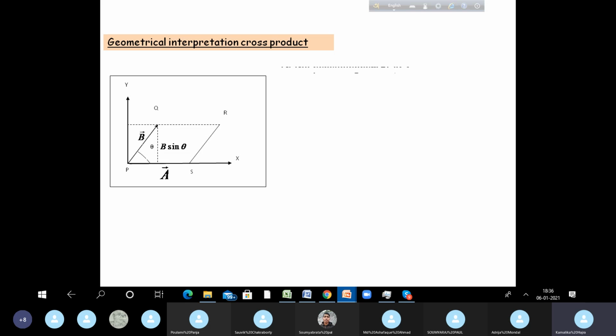In this parallelogram PQRS, B sine theta is the height, correct? If you look at this picture, then B sine theta is nothing but the height of this parallelogram. So in the formula, which gives you magnitude of A multiplied by magnitude of B into sine theta, here B sine theta is the height and magnitude of A will give you the base, right?